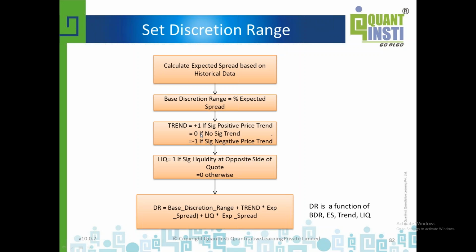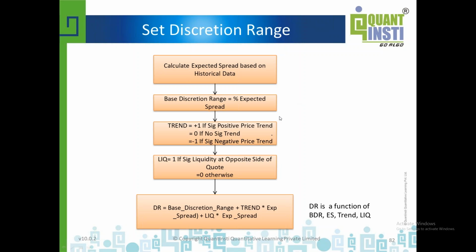Then you can increase your discretion range by 1 tick. So if your discretion range was 20, you might want to move it to 25 cents, or zero if there is no signal. If it is mean reverting, then you can decrease it. So this is somewhat a dynamic discretion range.